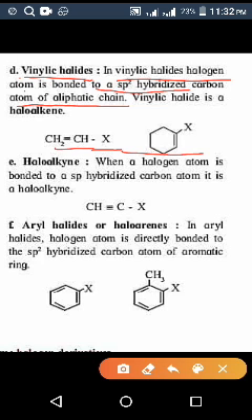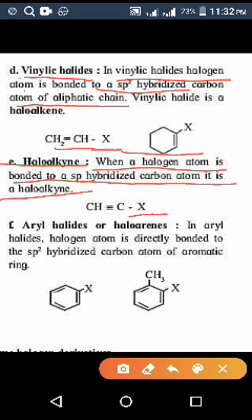Next type is haloalkyne. When the halogen atom is bonded to an sp hybridized carbon atom, it is a haloalkyne. See, this halogen is bonded to an sp hybridized carbon atom and therefore it is known as haloalkyne.